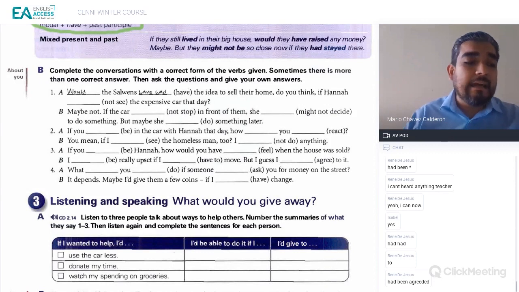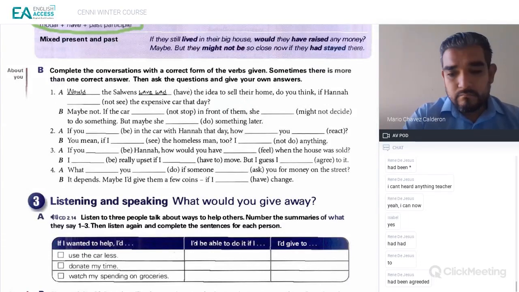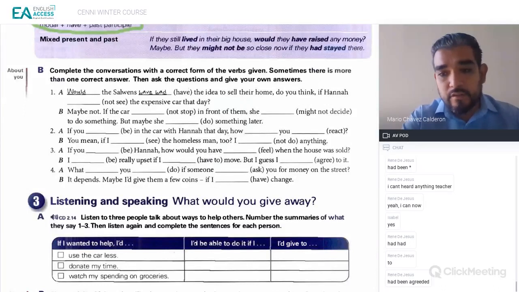If I had to move. No, if I had to move. We already saw the if clause, right?